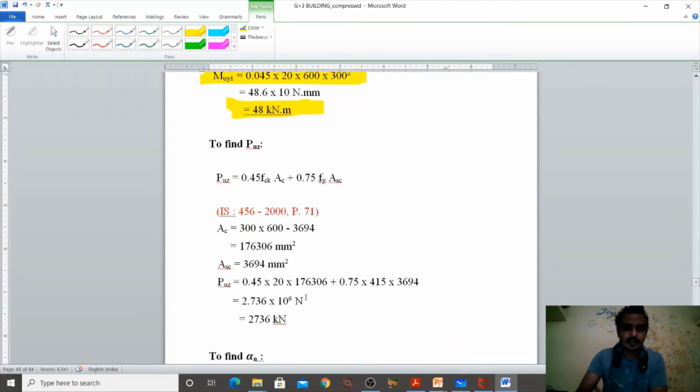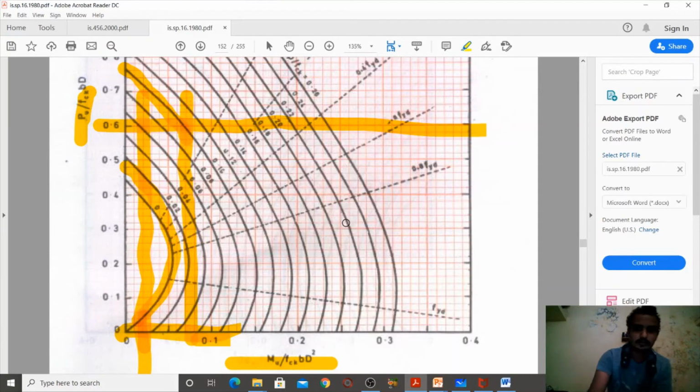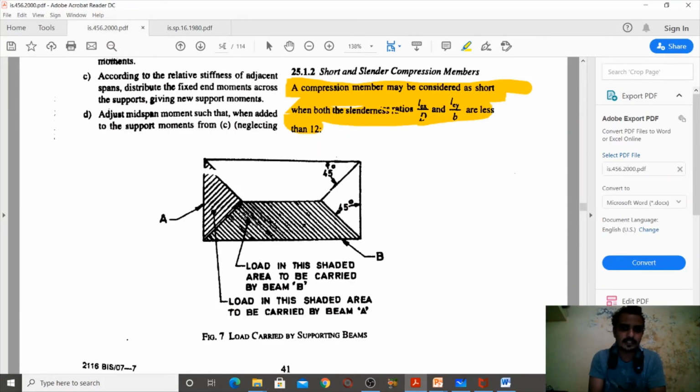Now we can find out PUZ from IS 456 2000, page number 71.